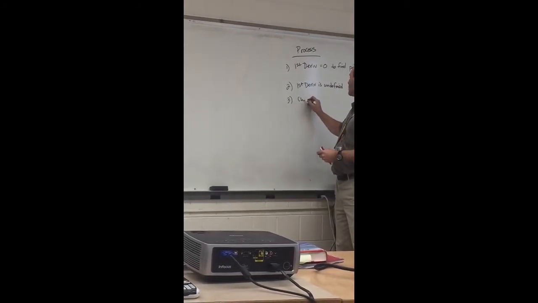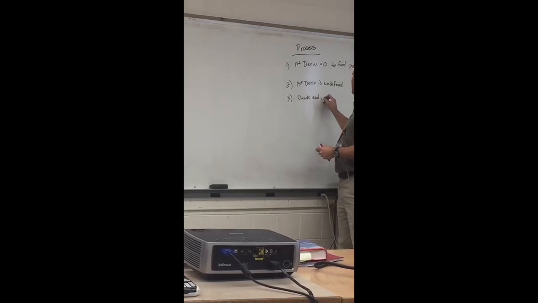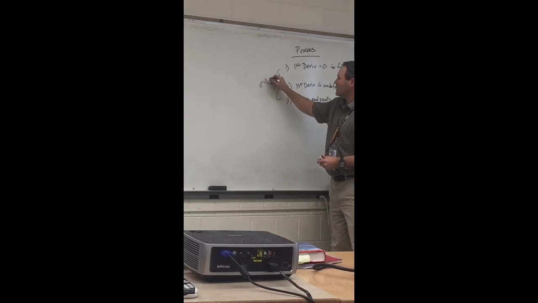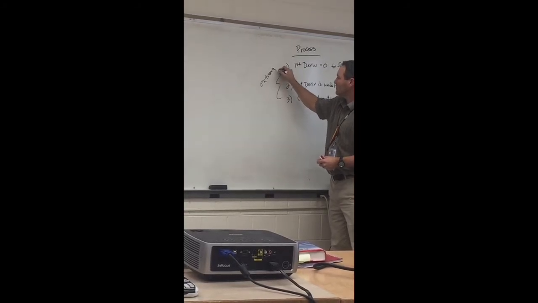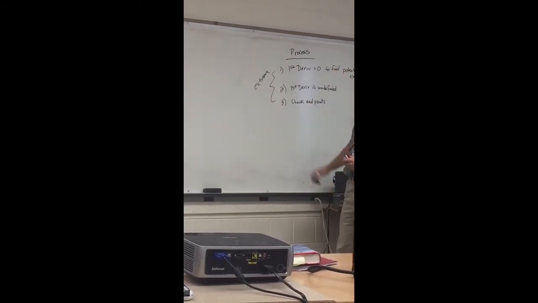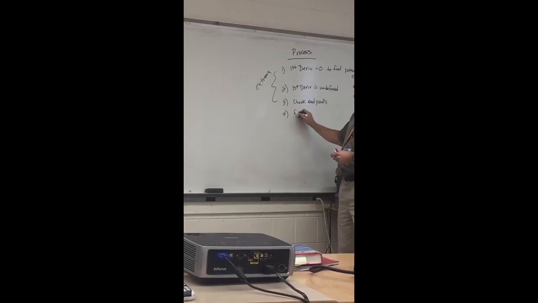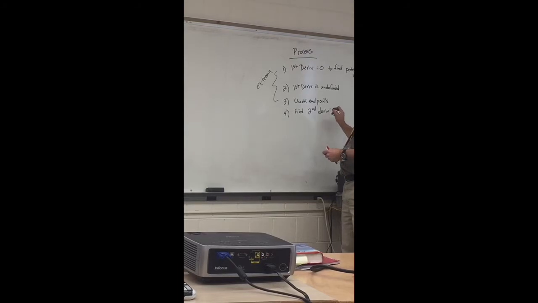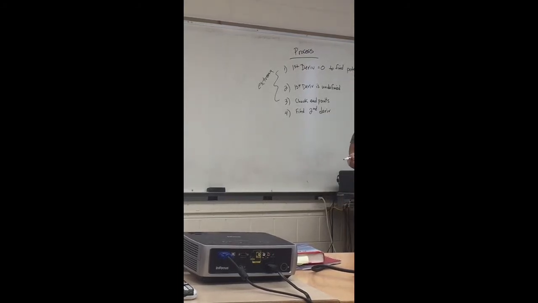And check endpoints. All of those are finding extrema, mins and maxes. Okay, then you have to find the second derivative. Should you check to make sure it's not a horizontal tangent?